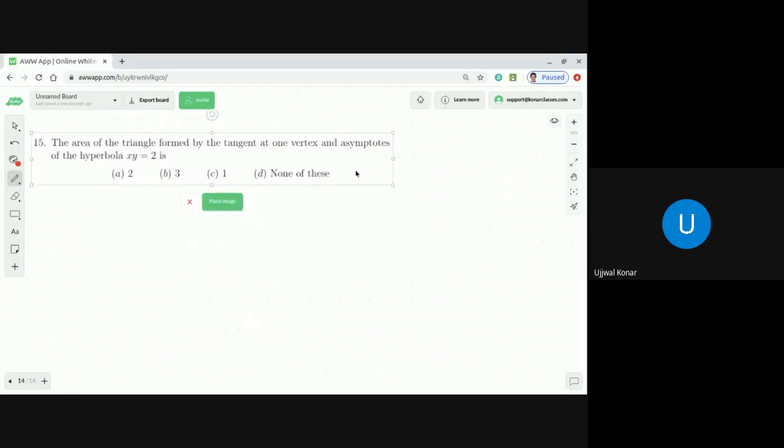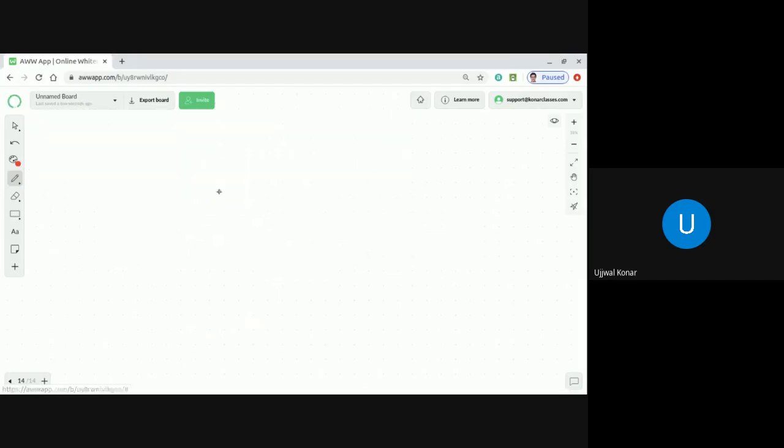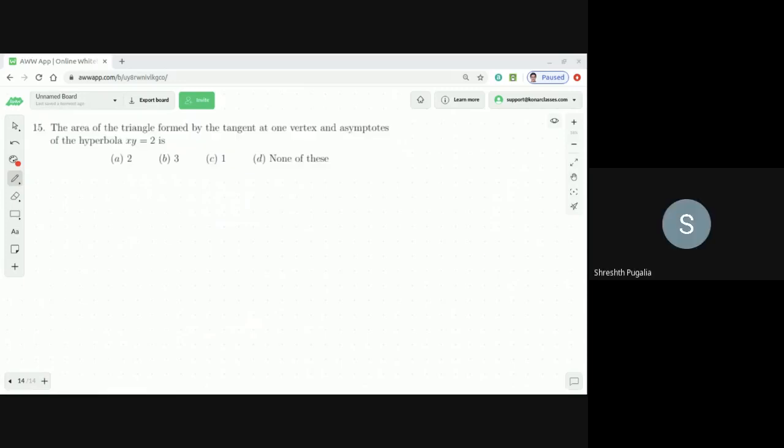Yes, dear students, the last question for today, that is question number 15, is in front of you. What is the option you got, dear students? Sir, D. Correct, you are. Dear Pratik, did you get D? Okay, didn't hear from him.